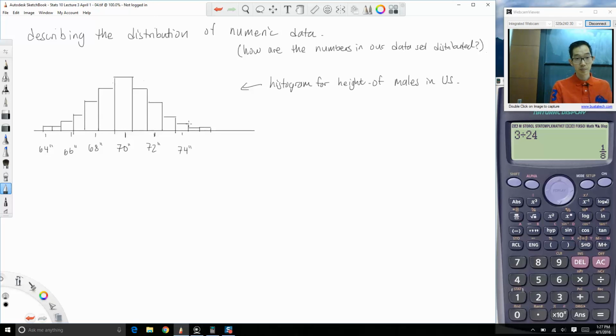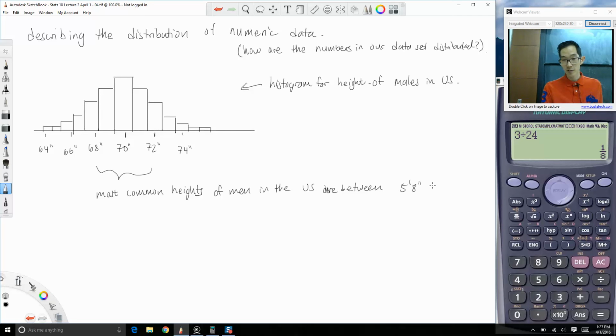So basically what this says is the most common heights for men, as indicated by the height of the bar, are between 5'8" and 6 feet tall.